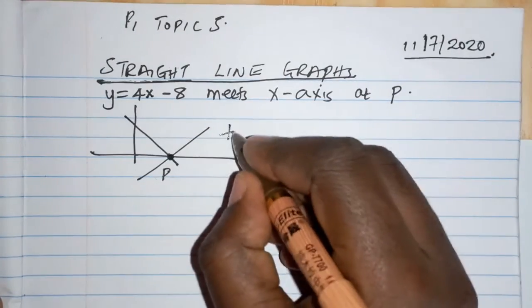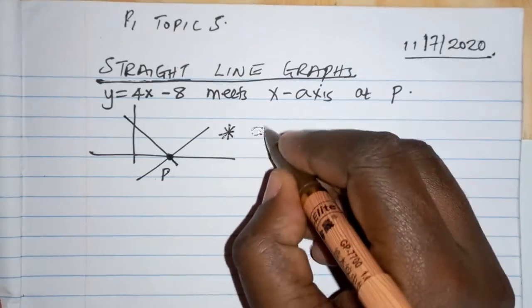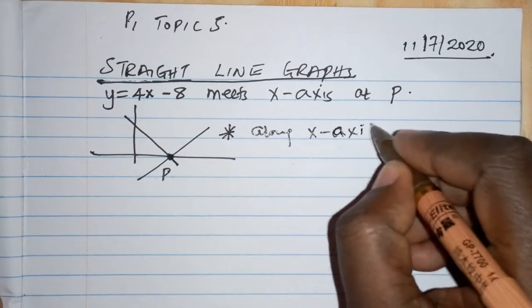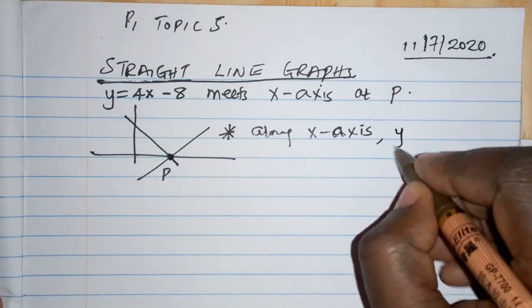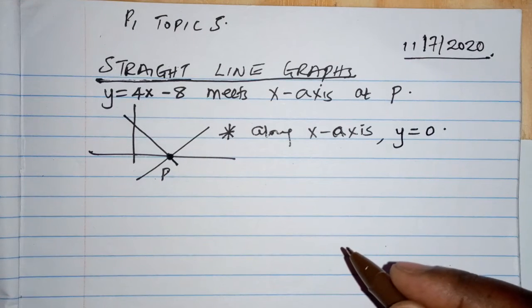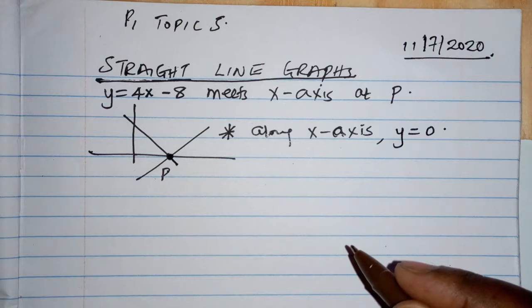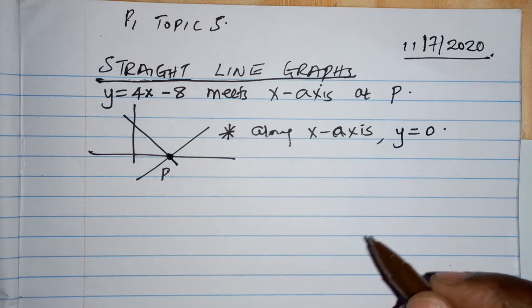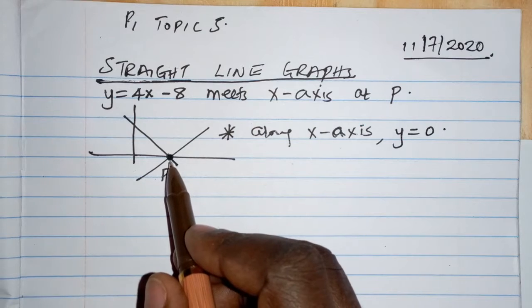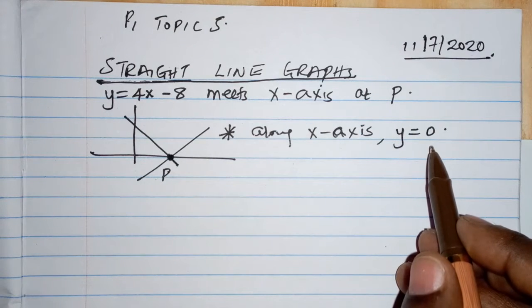You must always remember that along the x-axis, y is always equal to 0. So we are talking about the coordinates of point P, where it has a specific value of x, but of course y is 0.